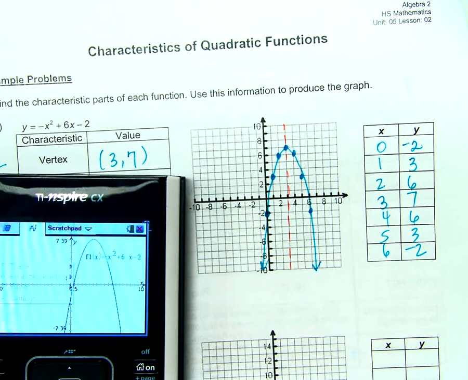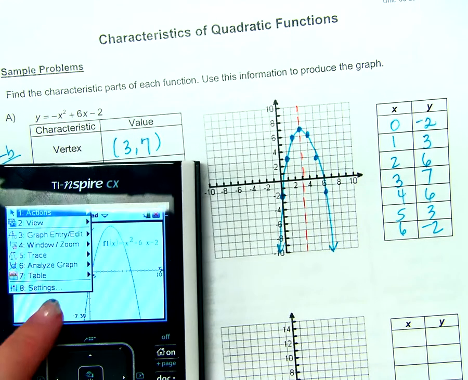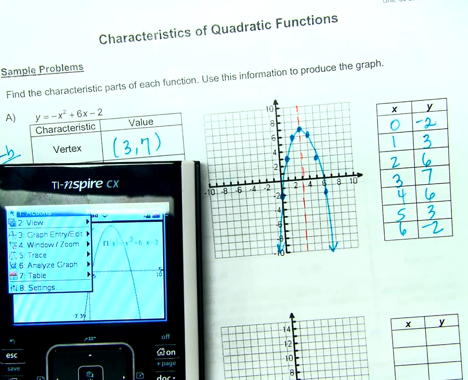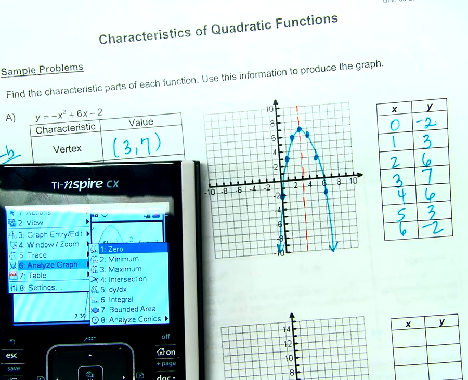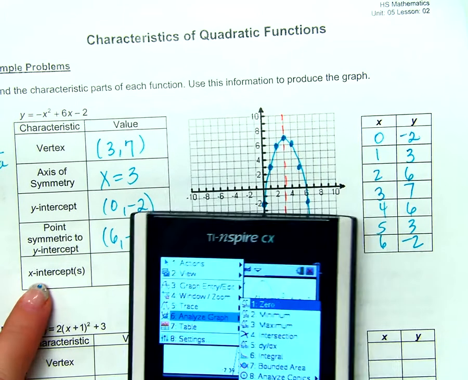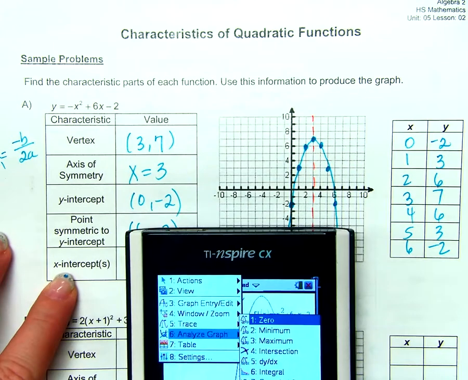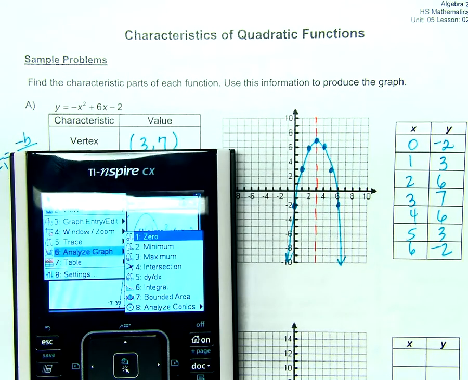Menu. We're analyzing our graph. So number 6. We are finding a 0. An x-intercept, we haven't gotten there yet, so I'm just trying to tell you about that. An x-intercept is also called a 0.